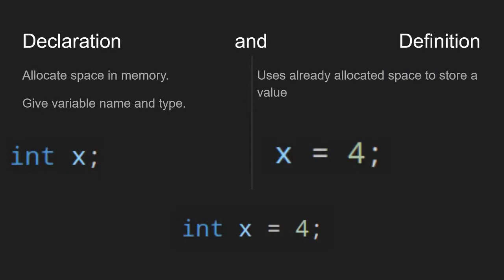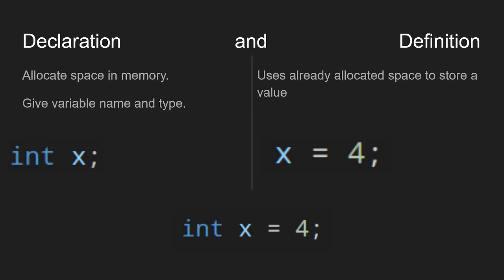So variables, arguably one of the most important parts of programming, need to be declared and defined slightly differently in C++ than in some other languages, not all languages. There are 2 parts to creating a variable.